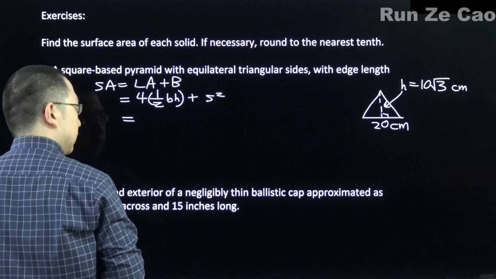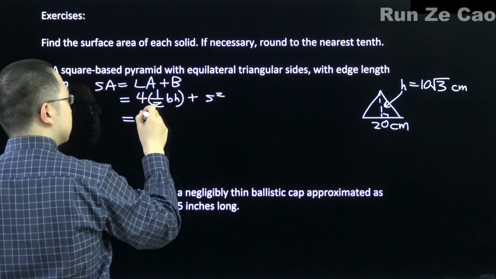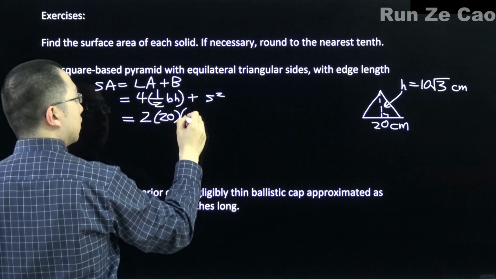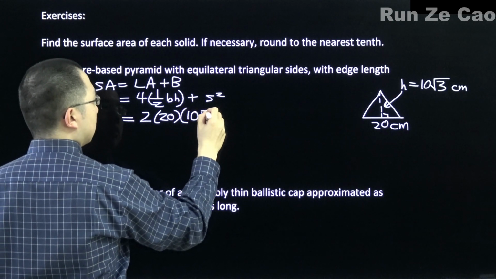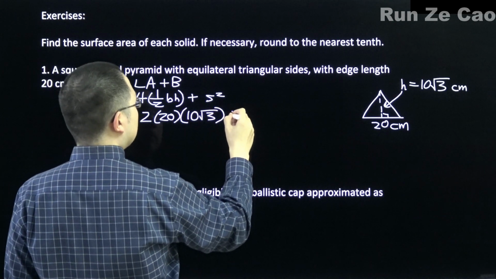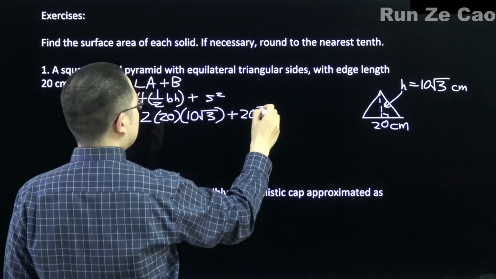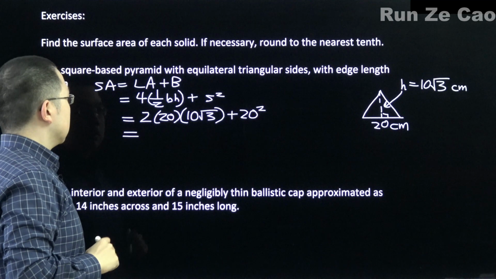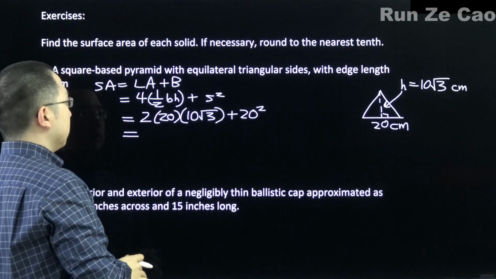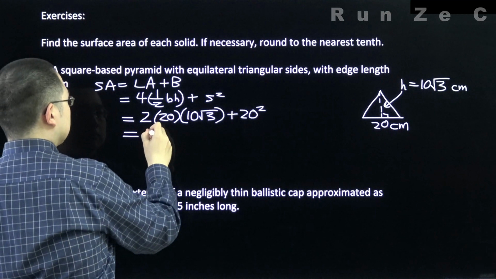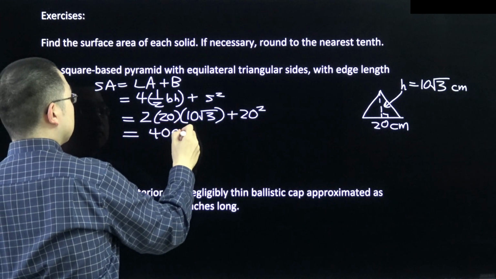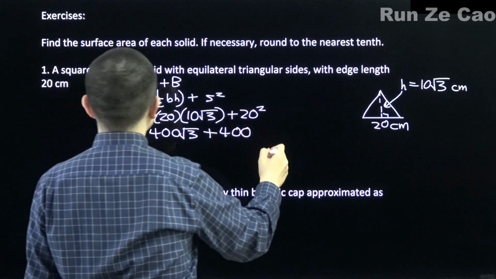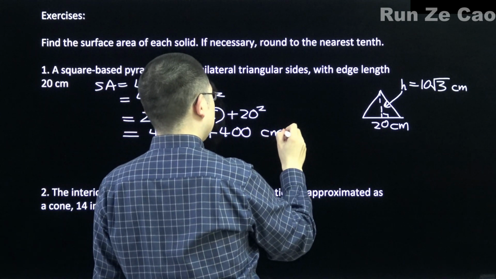So this is going to be 2 times the base, which is 20 centimeters, times 10 square root 3, plus 20 squared. So 20 times 20, 400 root 3 plus 400. This would be centimeters squared.